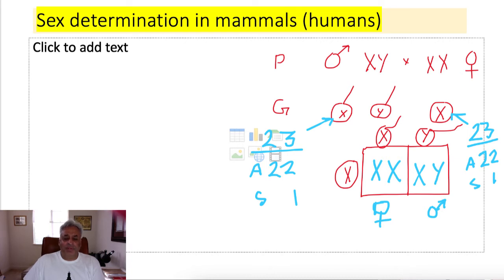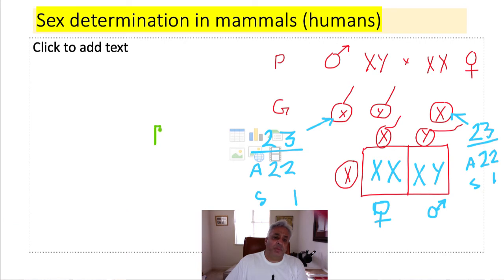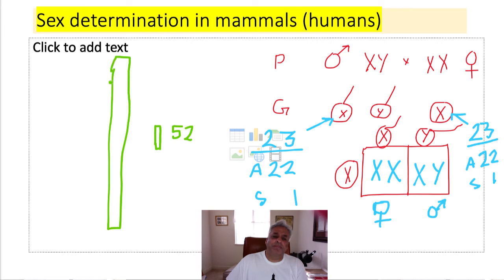So what else do we need to know? What happens when you inherit a Y chromosome? Well, the Y chromosome technically is much smaller than the X chromosome. The Y chromosome has about 52 genes, last time I looked. In comparison, the X chromosome is much, much bigger, and it has about 1,500 genes along its length.